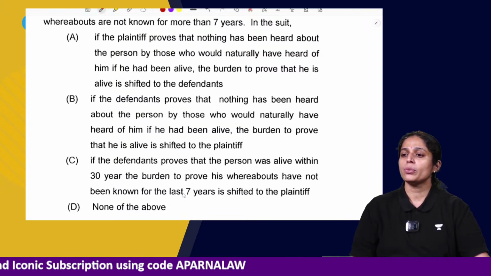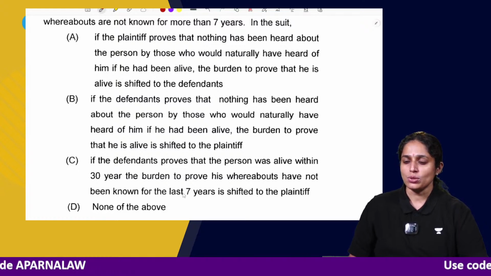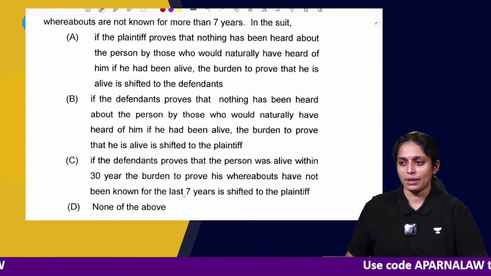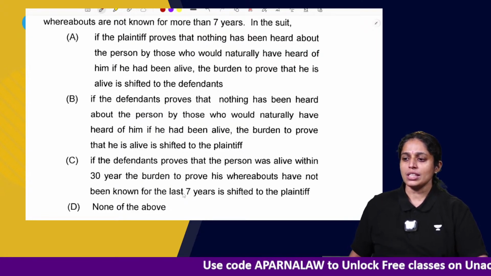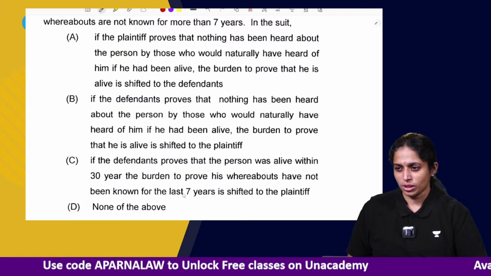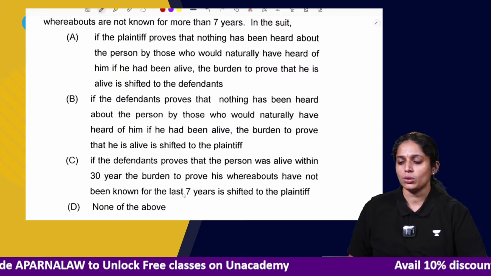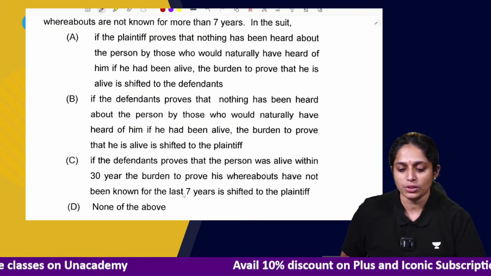B, if the defendant proves that nothing has been heard about the person by those who would naturally have heard of him if he had been alive, the burden to prove that he is alive is shifted to the plaintiff. C, if the defendant proves that the person was alive within 30 years, the burden to prove his whereabouts have not been known for the last 7 years is shifted to the plaintiff. And D, none of the above.